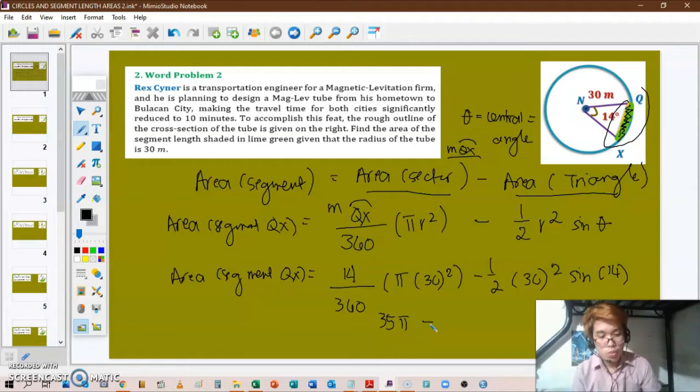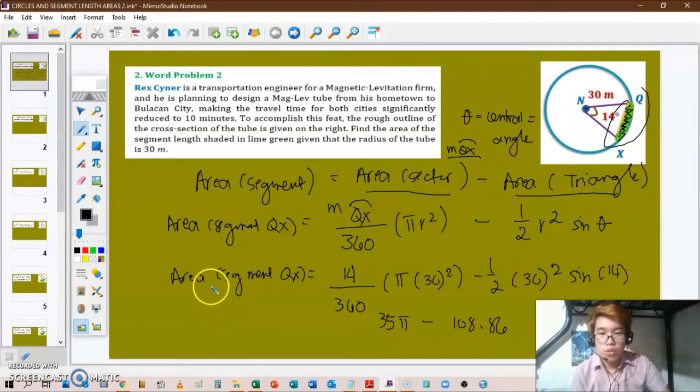That's going to give us 108.86. So 35 pi minus 108.86 is going to give us 1.10.